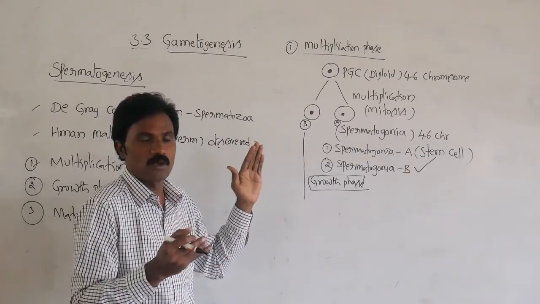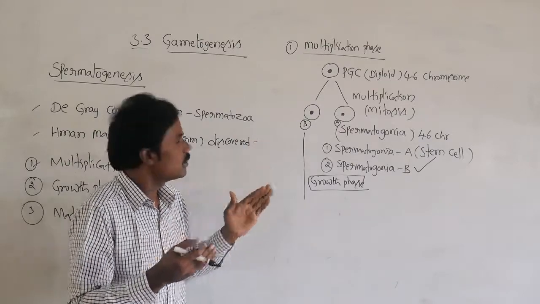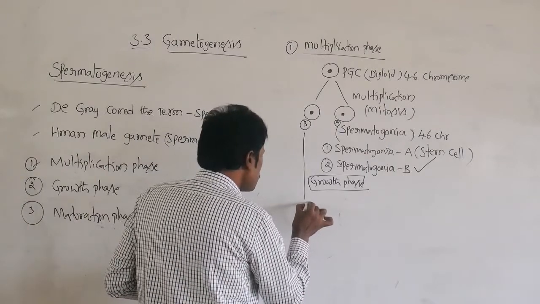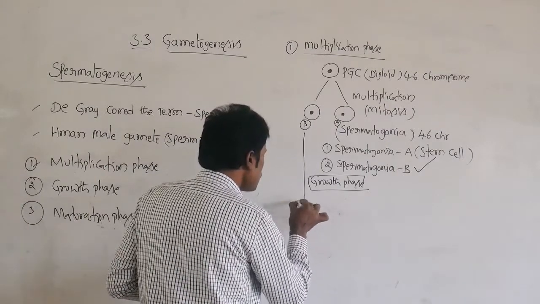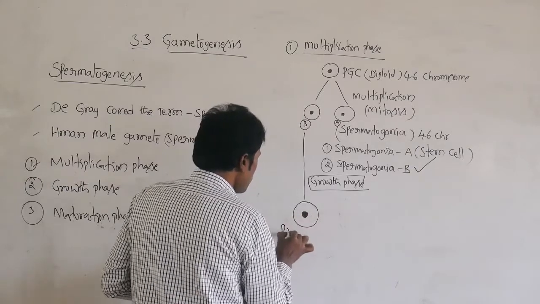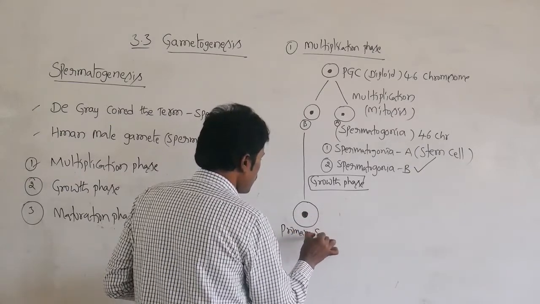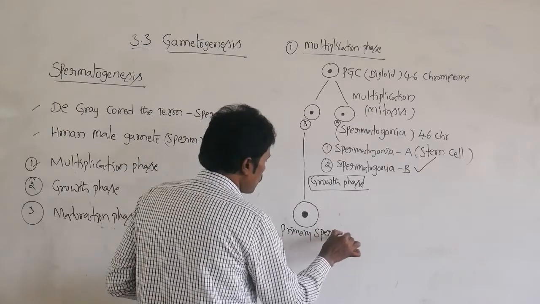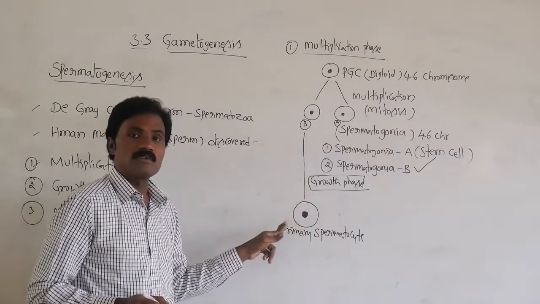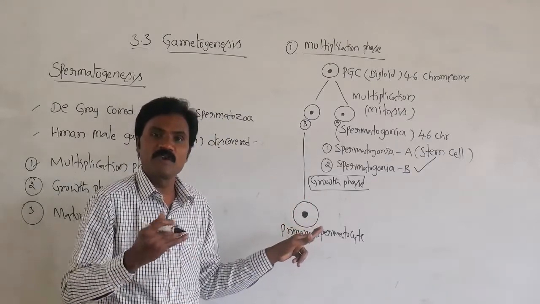With the help of Sertoli cells it increases a little in size and forms the primary spermatocyte.